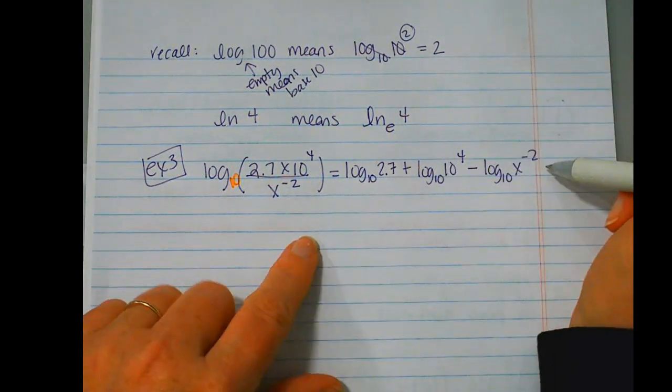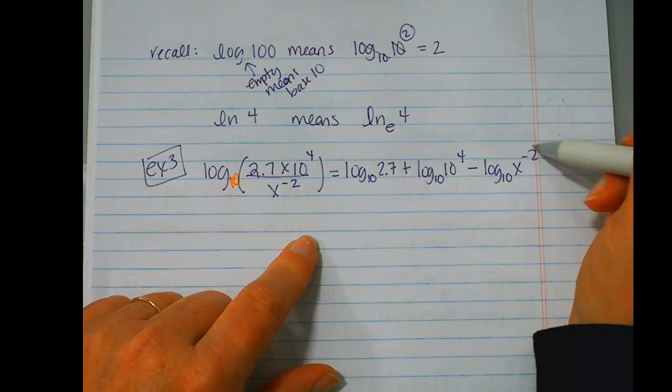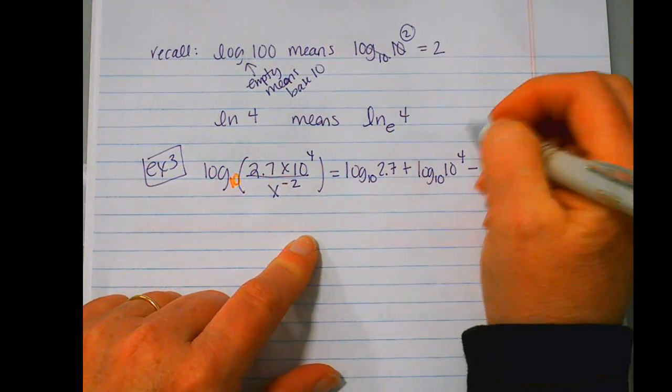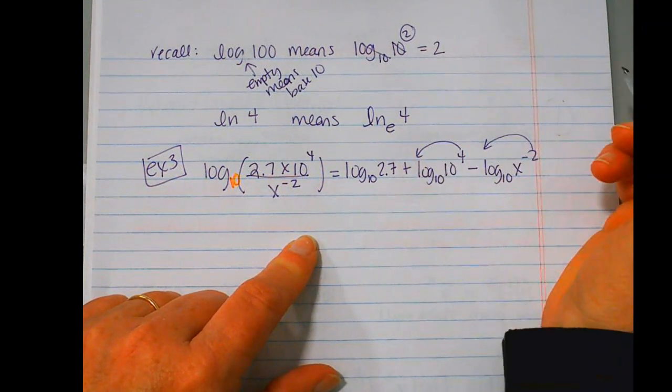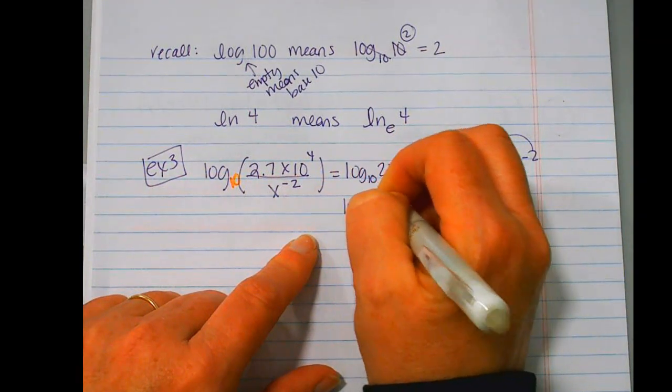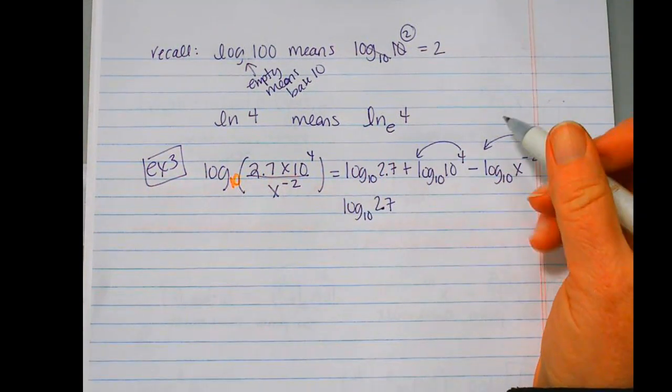And I wrote this out because I really want to fix this negative 2 also. Part of expanding means that I don't have any exponents here. So this we could evaluate in a calculator. So we'll look at that in a second.